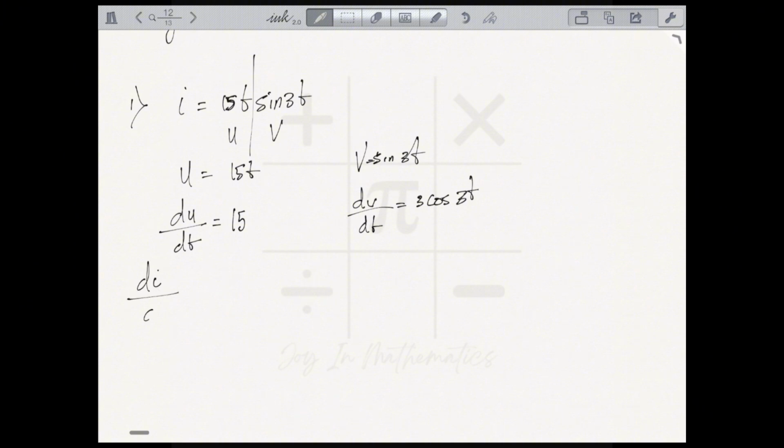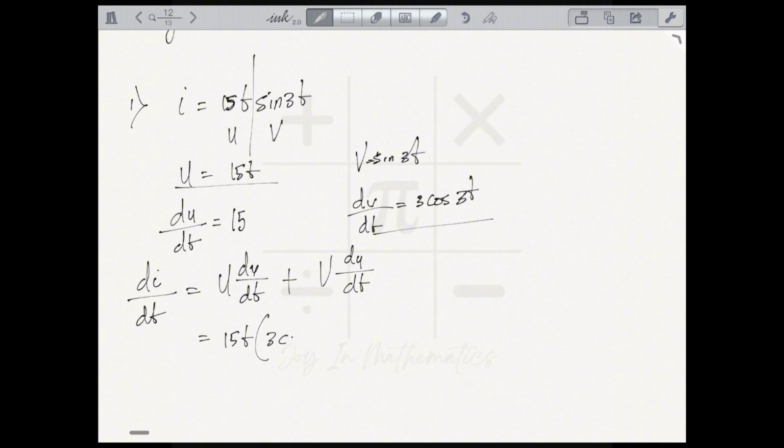Now we apply the formula. dI/dt is equal to u dv/dt plus v du/dt. Our u is 15t and our dv/dt is 3 cos 3t, plus our v, which is sine 3t, and our du/dt, which is 15.